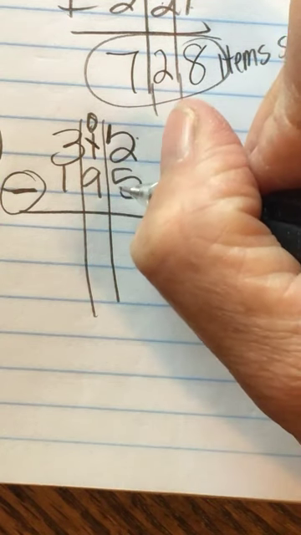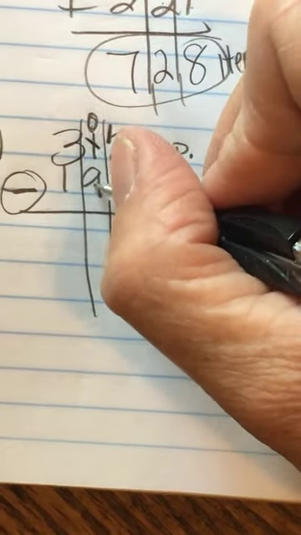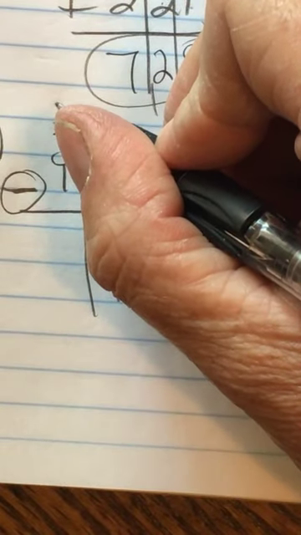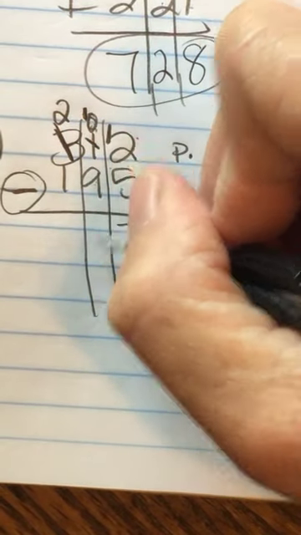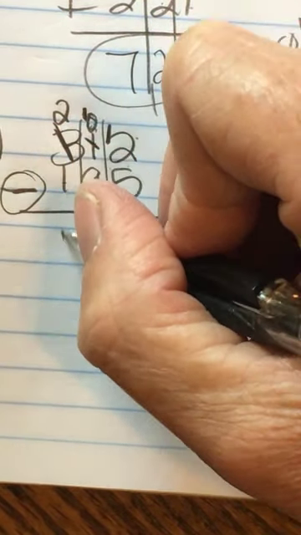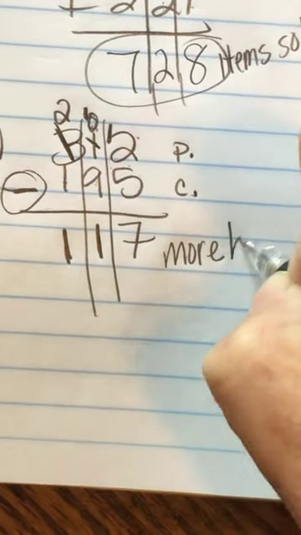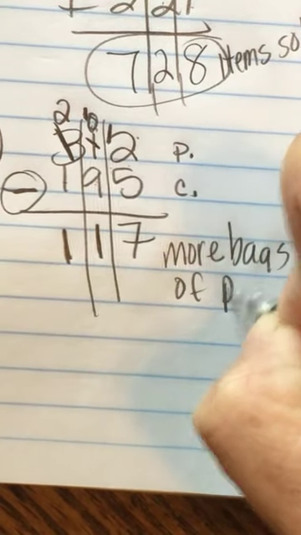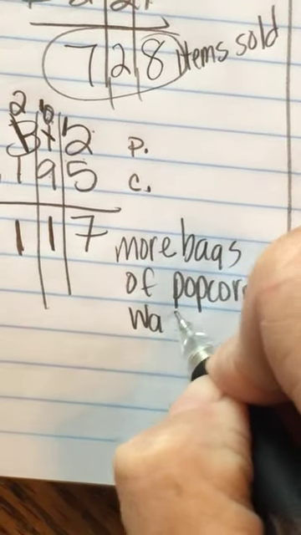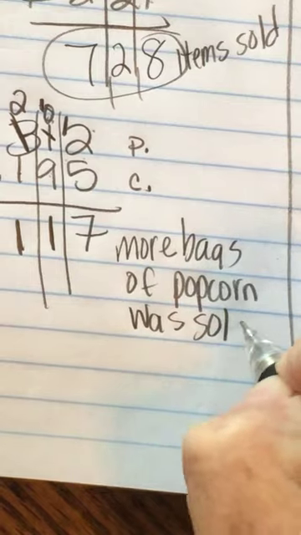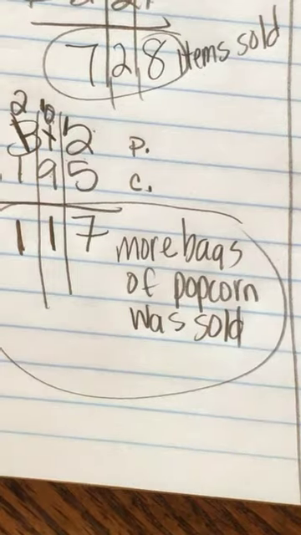Let's make sure. 7, 8, 9, 10, 11, 12. We can't take 9 from 0, so we're going to borrow again. 10 tens from this 100. We'll borrow 100, make that 200. 10 tens, 10 minus 9 is 1. Then 200 minus 100 is 100. So the difference is 117 more bags of popcorn was sold. And then I'm going to circle that. Okay? All right, on to the next video.